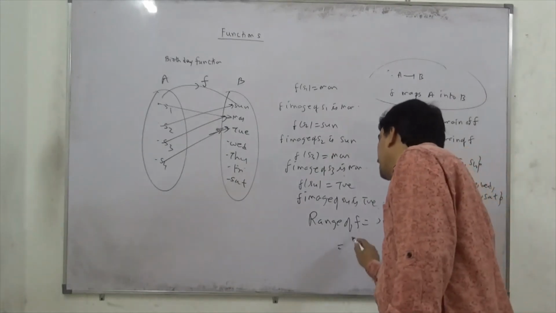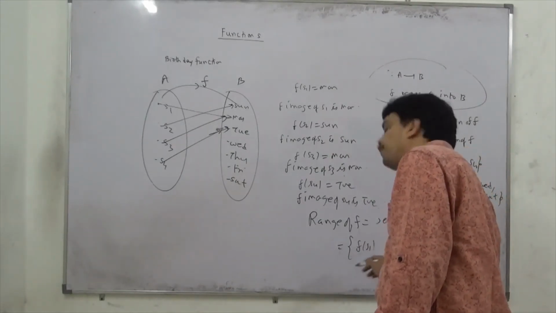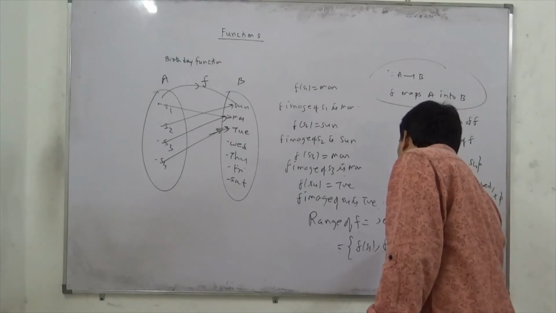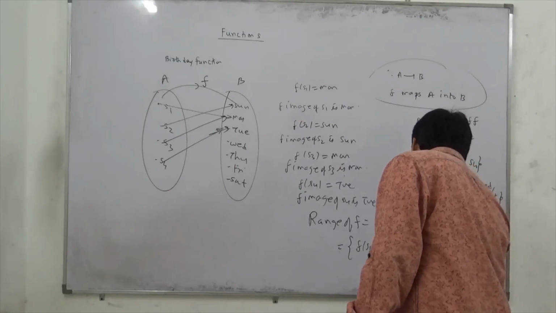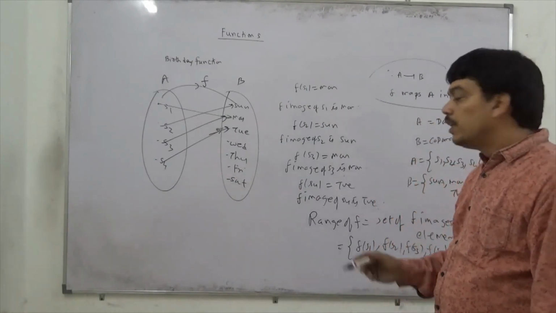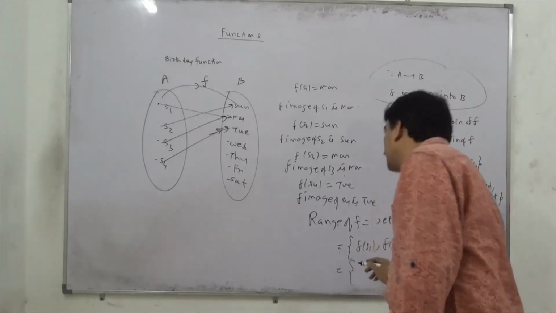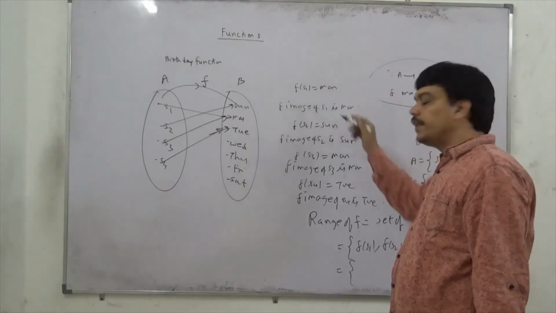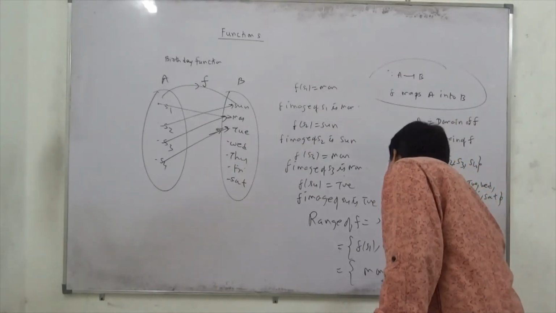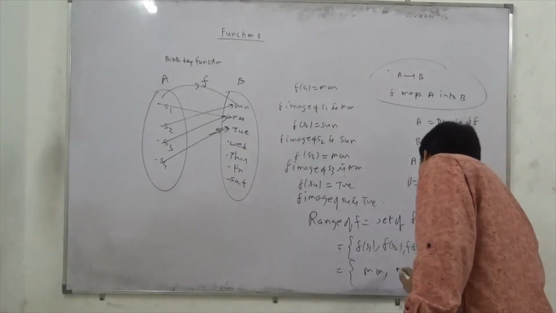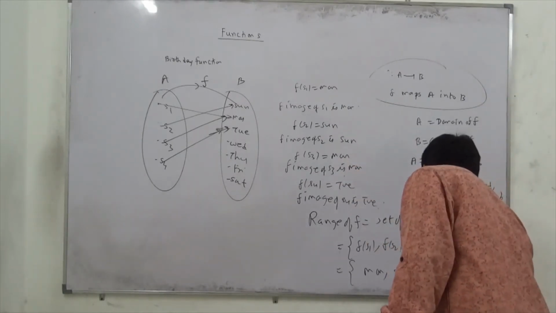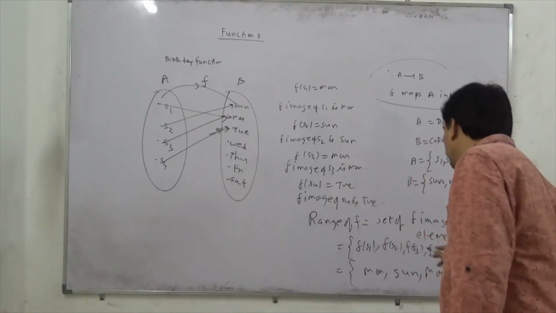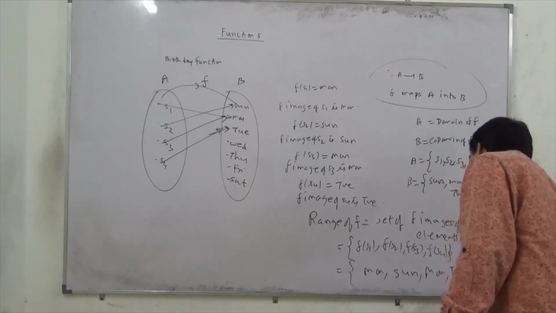So for each and every element, if you write down the f image, like f of S1, f of S2, f of S3 and f of S4, this set is basically known as the range. So if you want to write down the values, f of S1 we replace with Monday, f of S2 with Sunday, f of S3 with Monday, and f of S4 with Tuesday. So this is the range set.